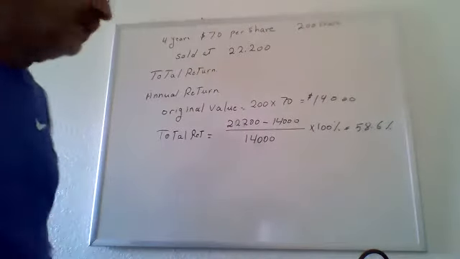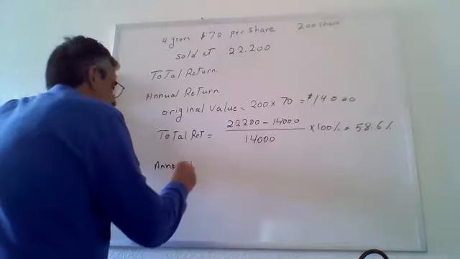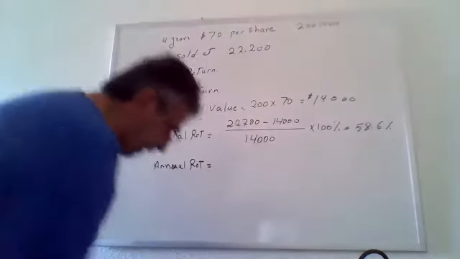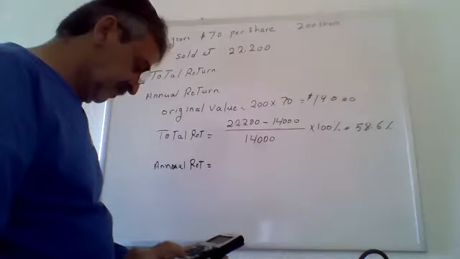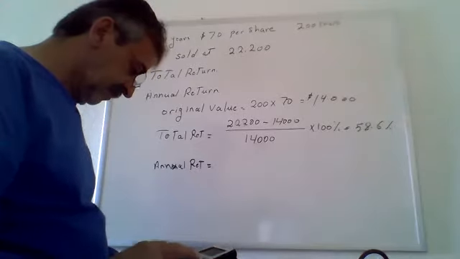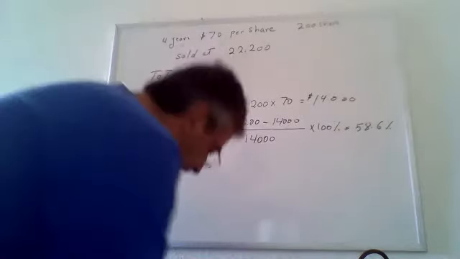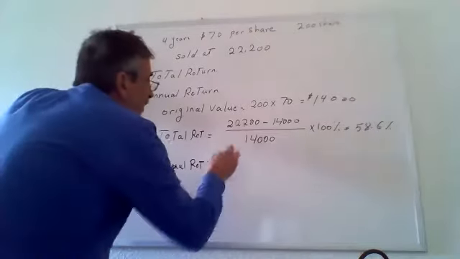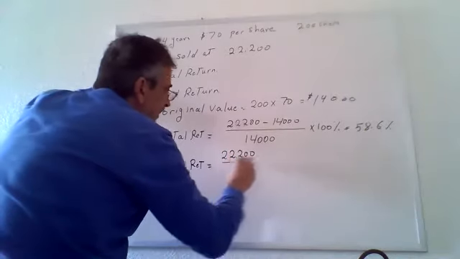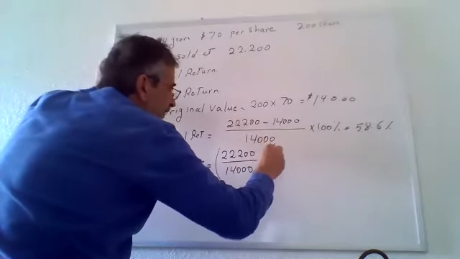Now we need to figure out the annual return. The annual return is the final amount, and that's going to be the total amount sold, which is 22,200, divided by 14,000, to the power 1/4.